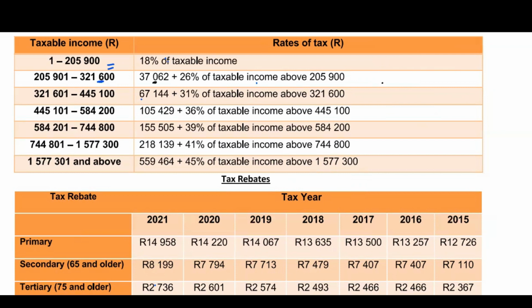The one in bracket number 2. It's the maximum of bracket number 1 and it's the minimum in bracket number 2. We shall say this value here comes from bracket number 1, which is so simple, 18%, which is 0.18 times the maximum number here.